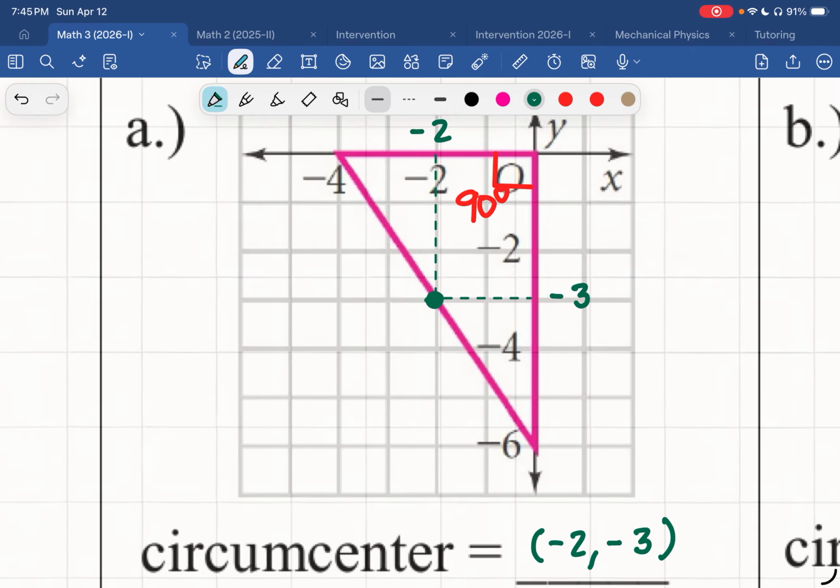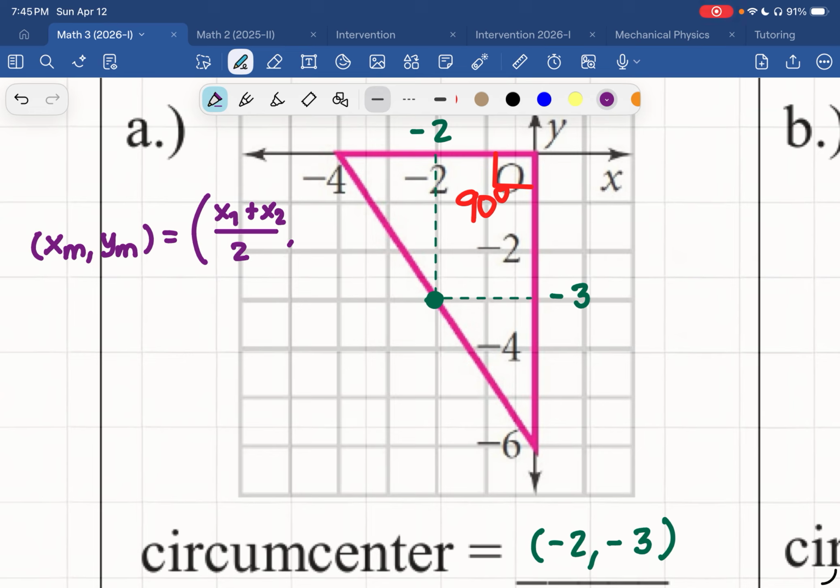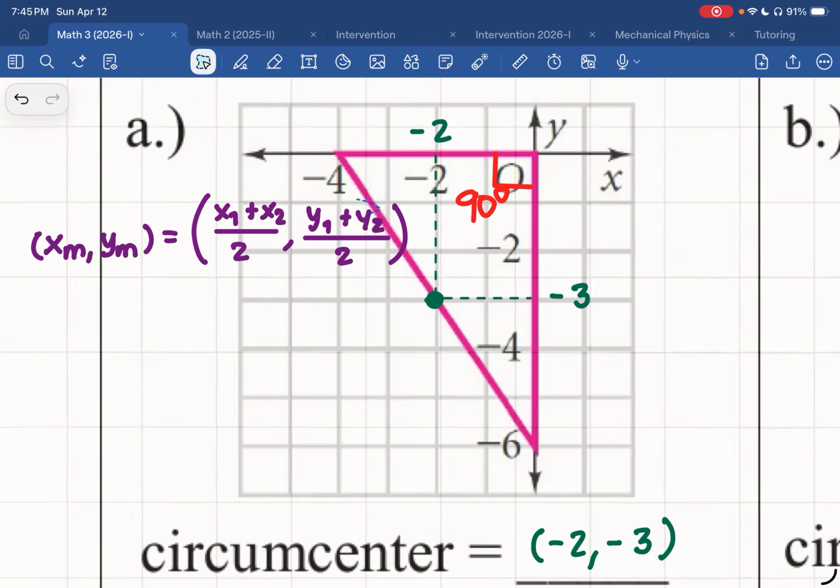So as I just told you, the formula of the midpoint is x midpoint, y midpoint is equal to x1 plus x2 divided by 2, comma, y1 plus y2 divided by 2, right? So let me put this a little better here.